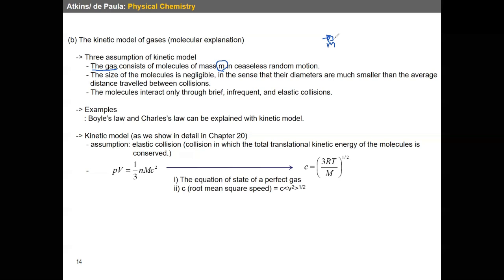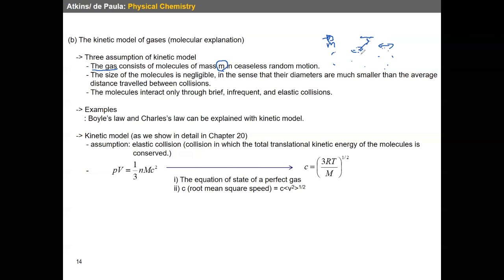If there are a lot of gas molecules with kinetic motion, at some point the molecules will collide together, and the distance traveled between these collisions is called the travel distance.